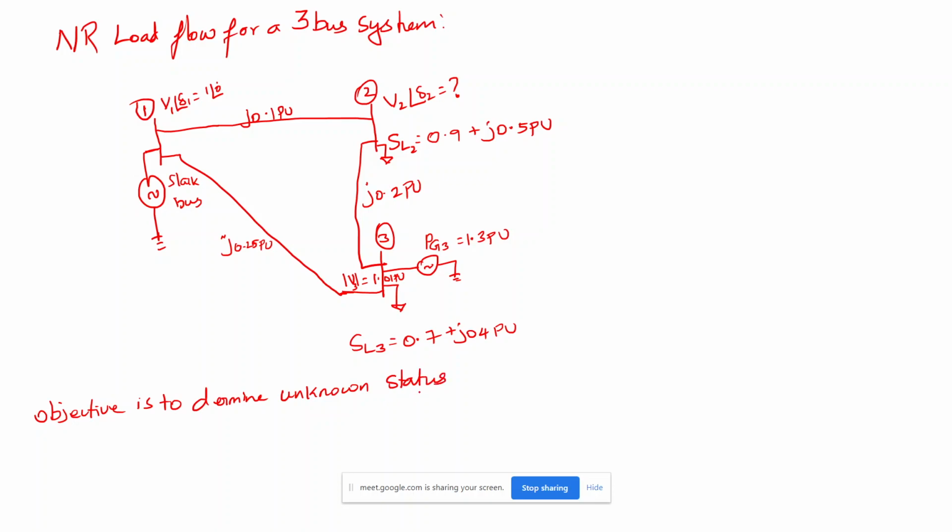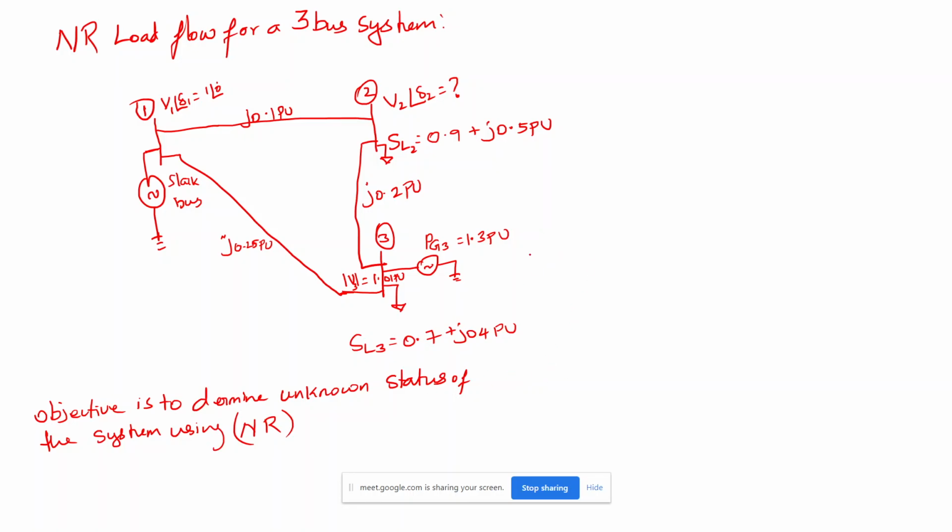What are states here? State is nothing but voltage, unknown voltage and angles. Those are the states of the system using Newton-Raphson method. Using Newton-Raphson method, we need to find out the unknown quantities.